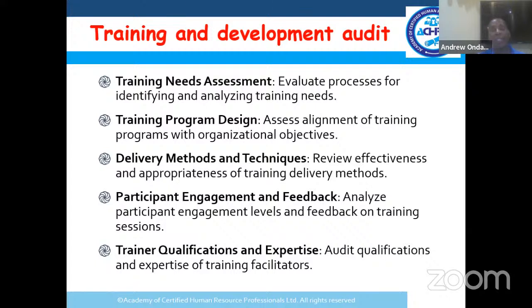As HR managers, we may want to use training as one of our KPIs, as a key performance indicator, that we conducted this number of trainings and we trained this number of people over this 1 year.